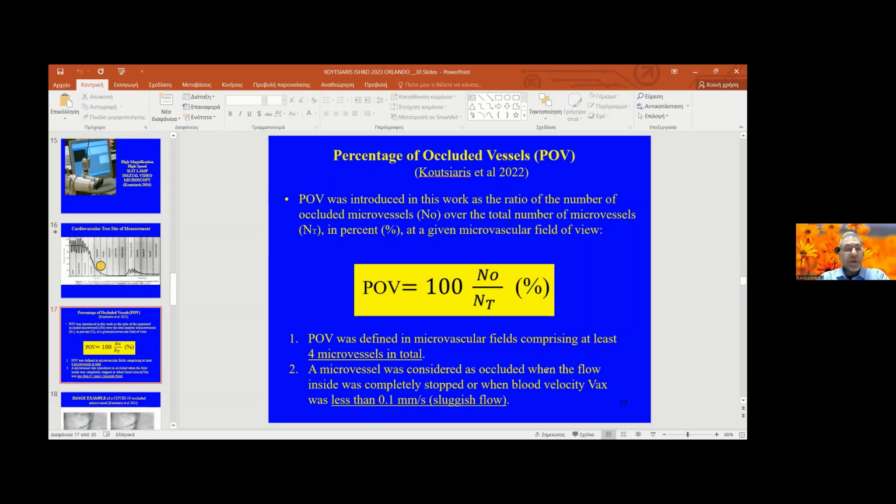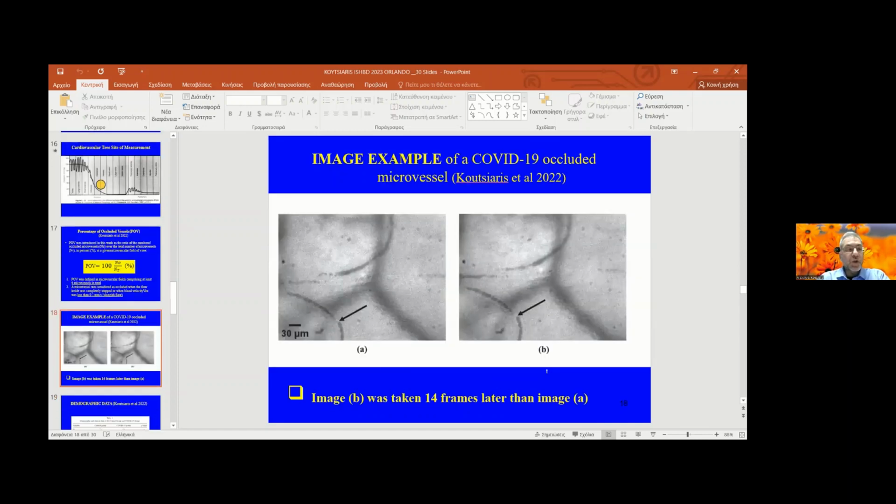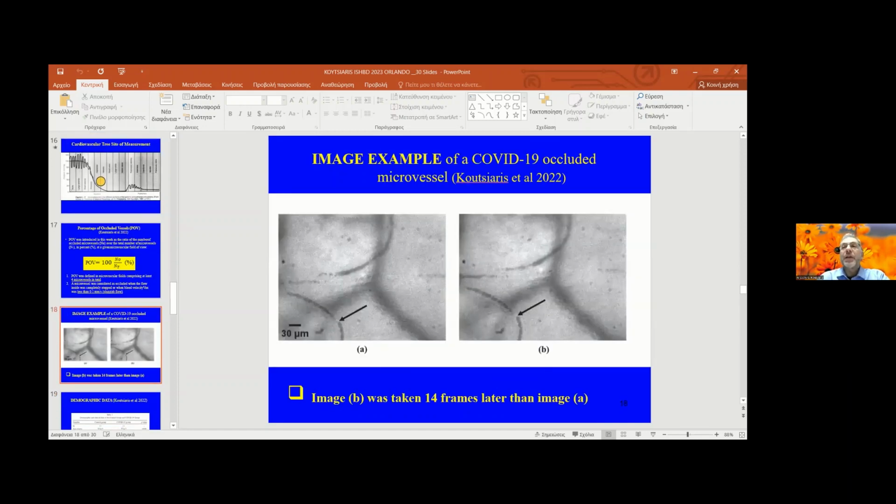So I'm going to give you an example of a stopped or occluded vessel. Here we have the initial image. As you can see, the black arrow points to a microvessel, which is considerably smaller than 30 microns. And this image on the left is the initial image. And after 14 frames on the right, we have another image.